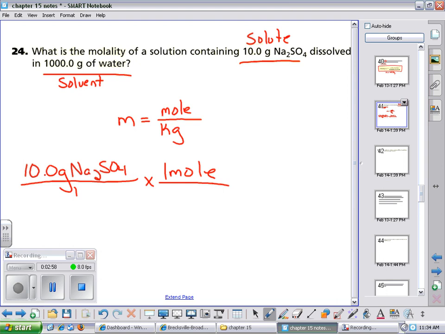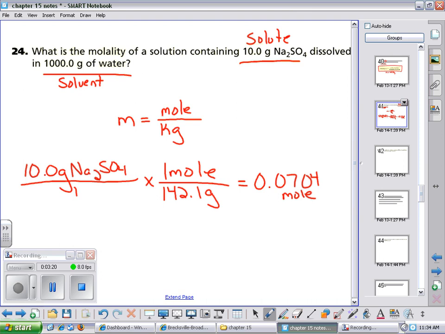So altogether, this adds up to 142.1 grams. So when we do our math, 10 divided by 142.1 is 0.0704 moles. Started with 3 sig figs, so you have to end up with 3 sig figs.